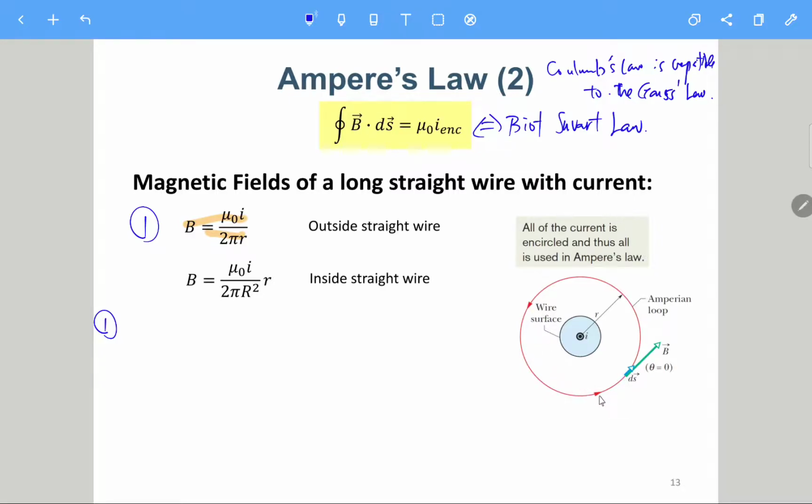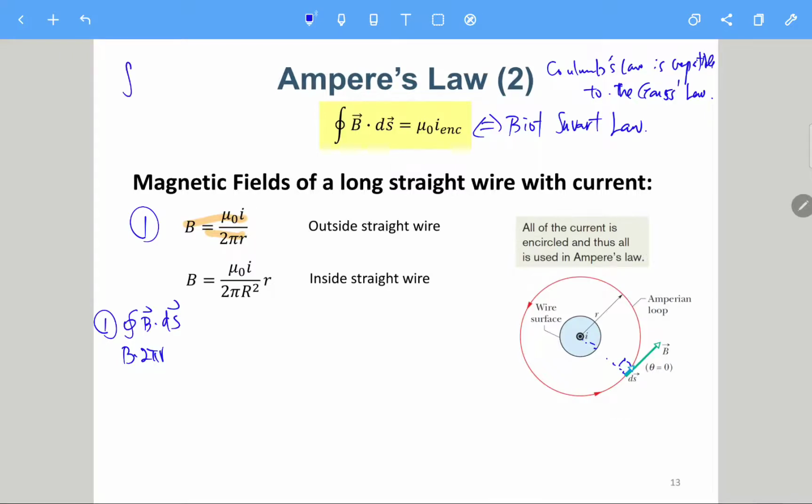Suppose this is a perfect circle, then a line connected here is perpendicular to the circle, because ds is tangent to the circle, and the B field is also perpendicular to this line. So they are parallel to each other and point in the same direction, which means that B dot ds is nothing but B times 2 pi r.